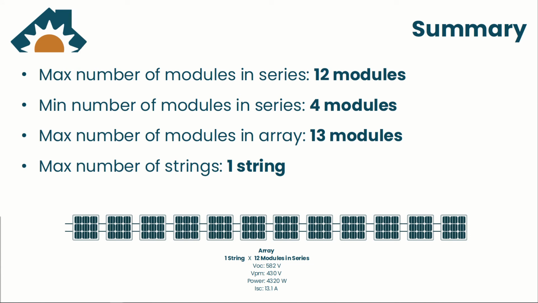But there's often combinations where you might be allowed 3 strings or 2 strings, and maybe like a 13 module maximum. In these cases, you could have different options on how you lay out your array. It could be maybe three strings and 4 modules in series, or 4 strings and 3 modules in series, or 2 strings and 6 modules in series, all of these combinations.